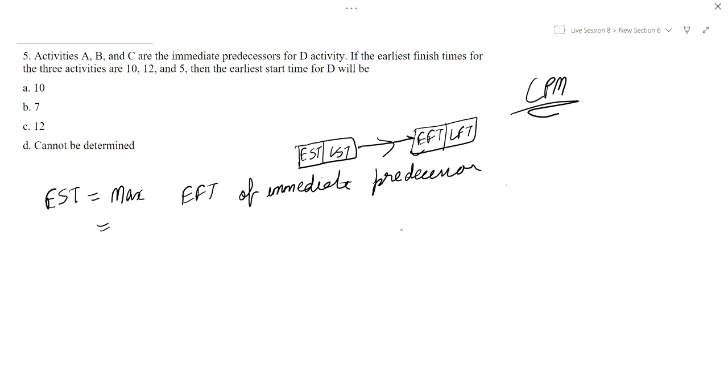In this case, the earliest finish times are 10, 12, 5. Out of this, the maximum of 10, 12, 5 is equal to 12.